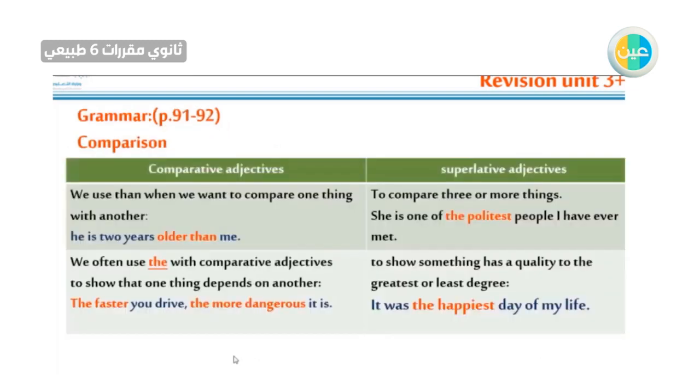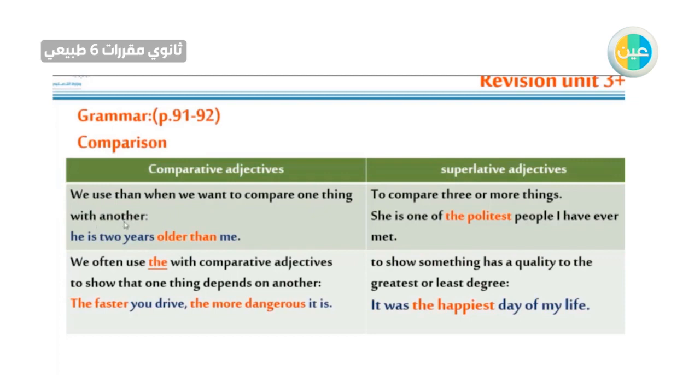Okay, by this, we come to the end of the tenses, and now we will revise the comparison. First of all, I want you to know that we have two ways of comparing between things or people: comparative adjectives and superlative adjectives. When we use than, we want to compare one thing with another. This is the comparative.